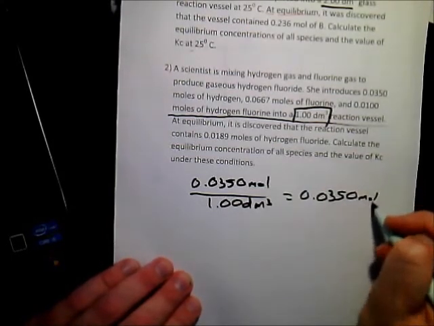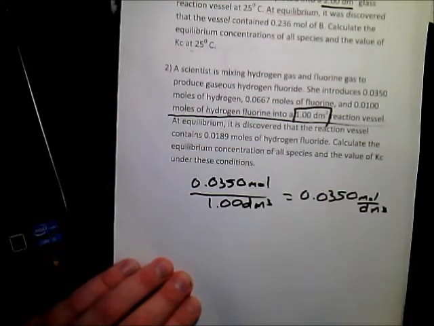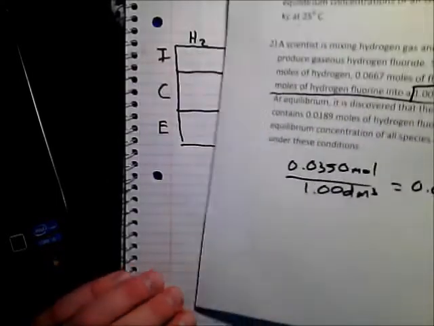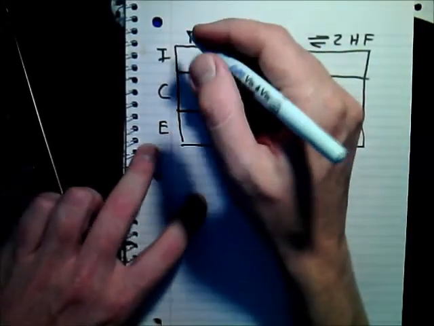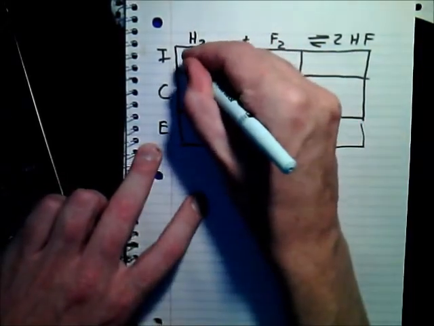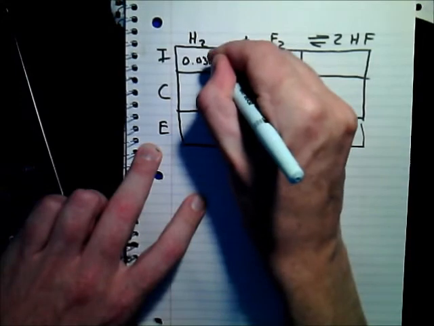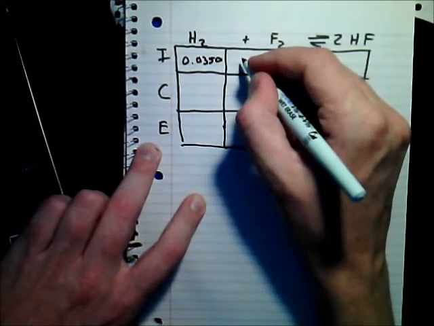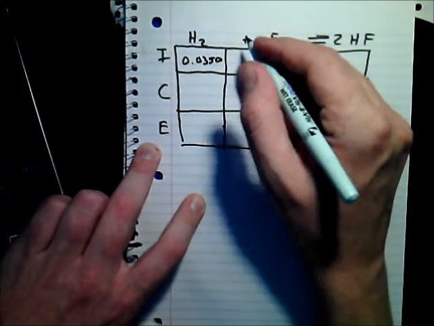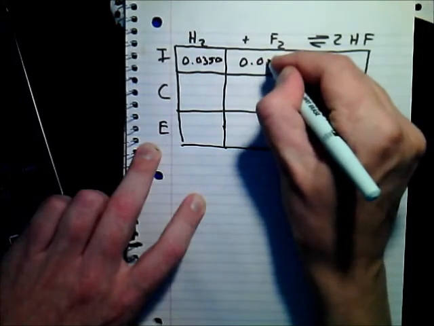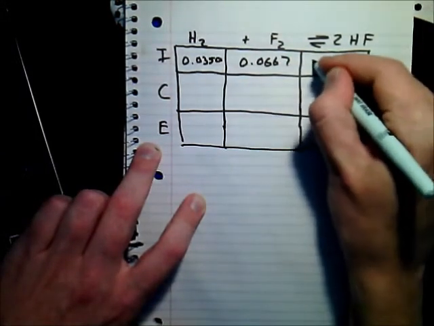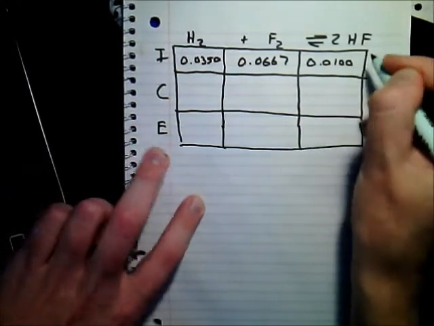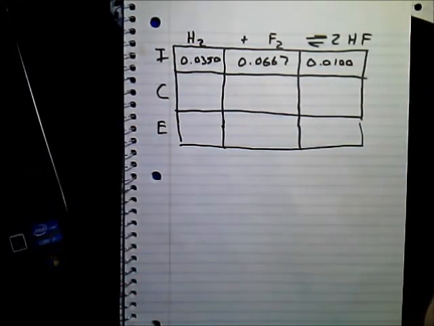We've seen some other problems where this is the case. That makes it slightly easier, since we don't have to worry about that. So we just put in the moles, which is also the concentration since it's a 1 liter reaction vessel, straight from the problem, not having to do anything fancy. Okay, so there's our initial concentrations.